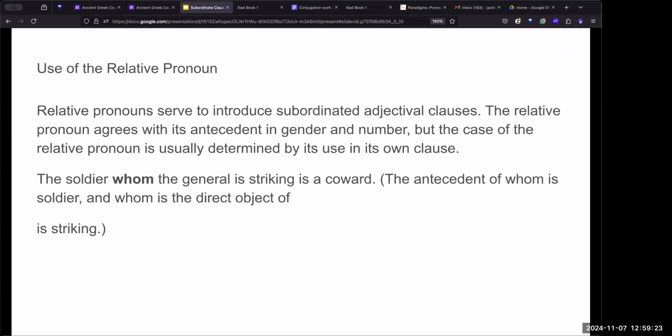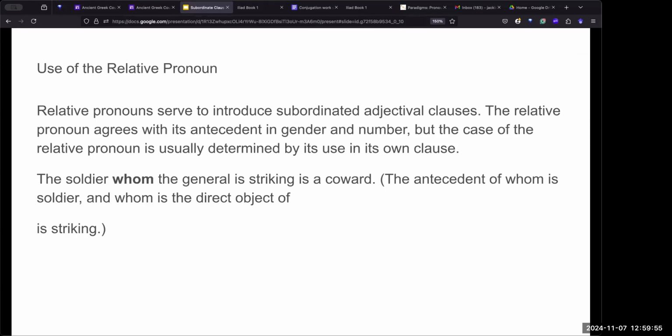Now, as I said, the relative pronoun is used to introduce these adjectival clauses. Because it's doing that, it needs to agree with whatever its antecedent was in terms of gender and number, right? So if it's the man who brought the food yesterday, in Greek, you have to be clear that the who word you're using is masculine and singular to go with the man, right?